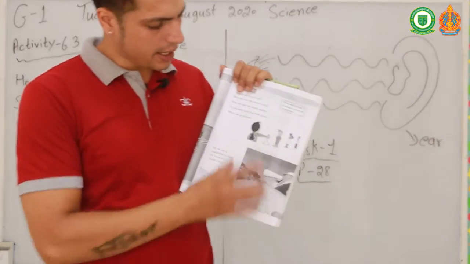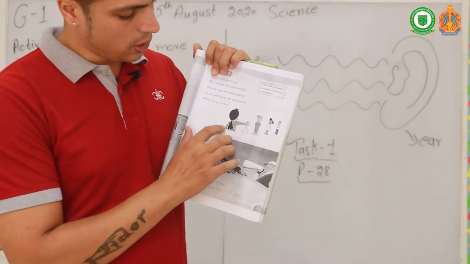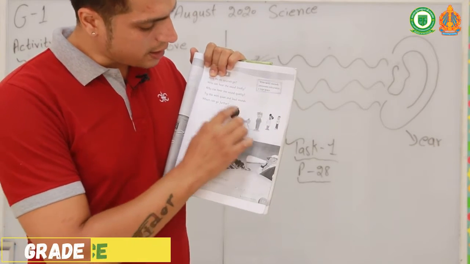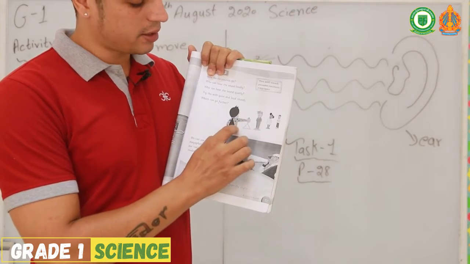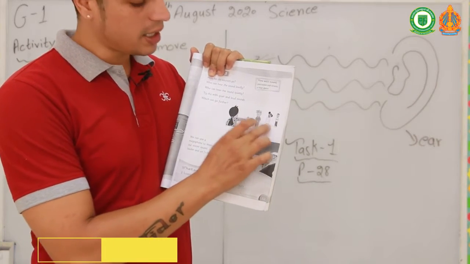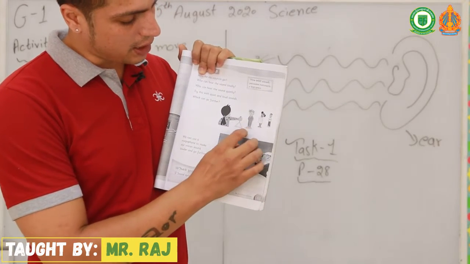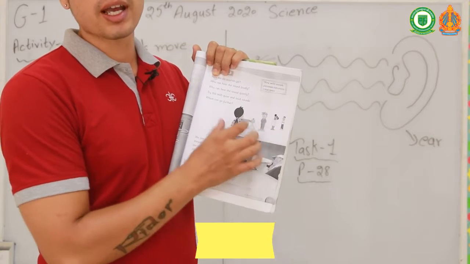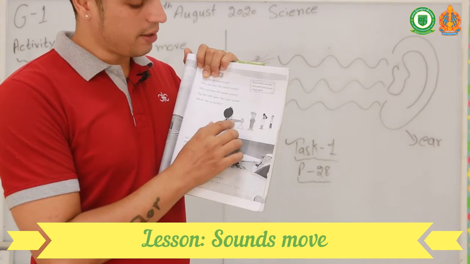As you can see here, this girl has a musical instrument in her hand, and there are three other people, a boy, a girl and another boy. Who can hear loud and who can hear quiet?